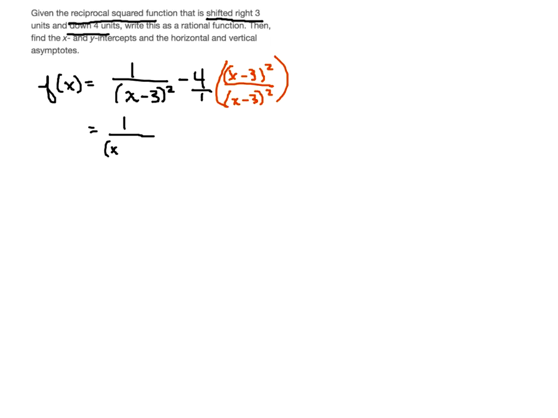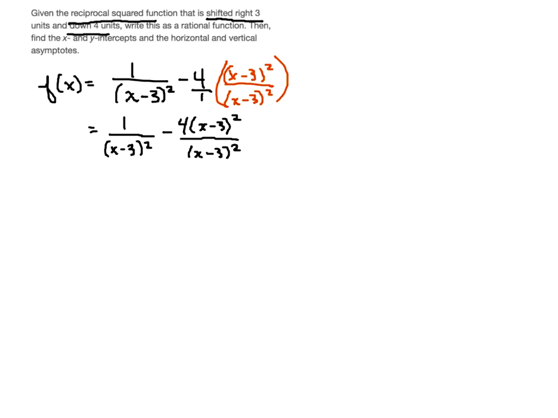1 over x minus 3 squared minus 4 times x minus 3 squared over 1 times x minus 3 squared is just x minus 3 squared. Okay, I cannot distribute that negative 4 into the parentheses because those parentheses are squared.